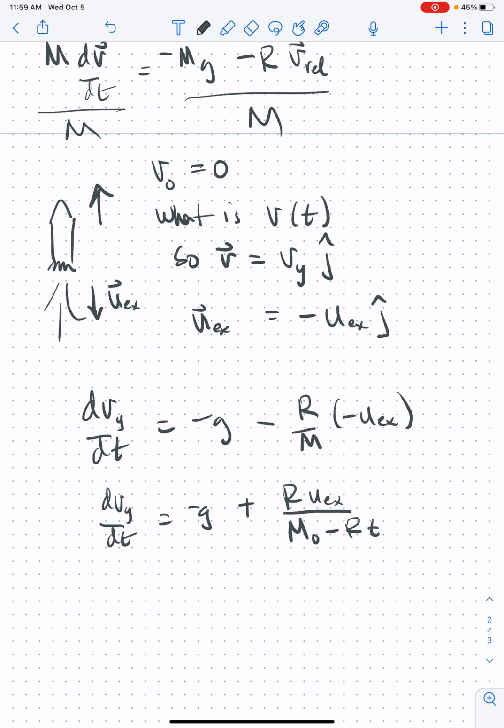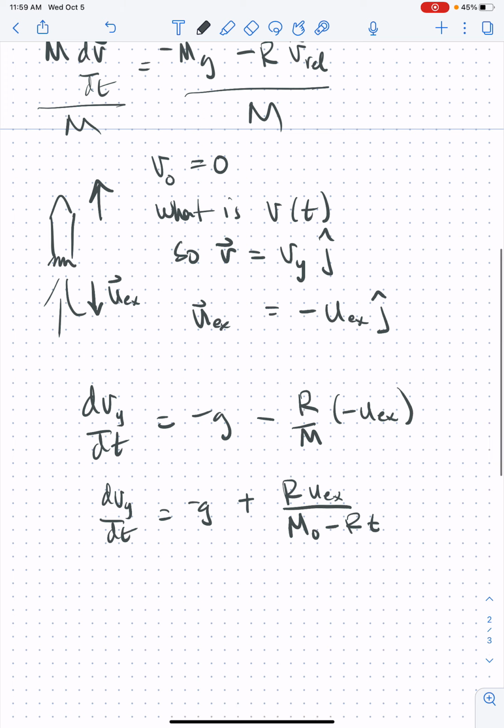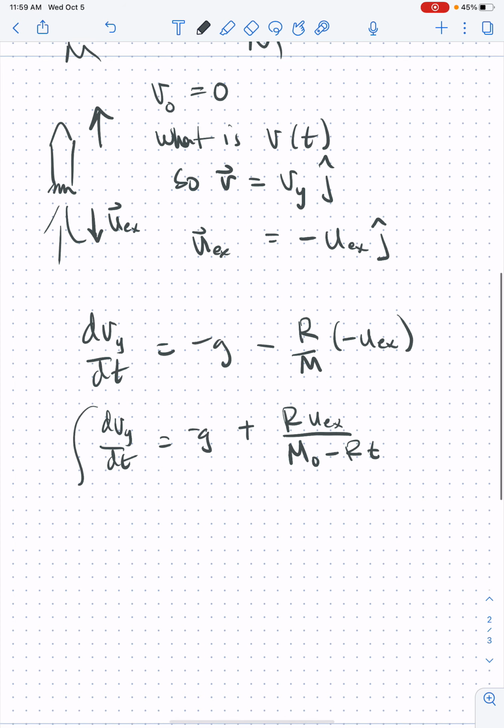And then I want to integrate this to find velocity as a function of time. I'm going to go from 0 to t, we're going to assume my initial time is 0. And then I'm going to call this t prime just so I'm not integrating with respect to that same variable.